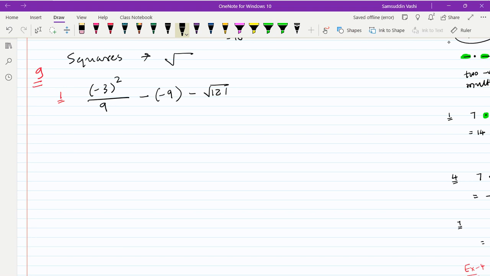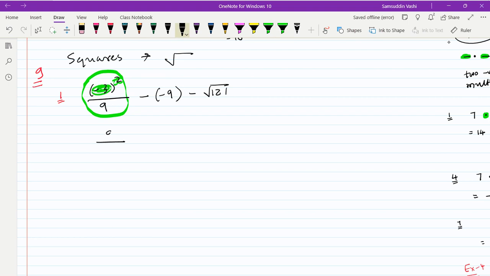All right. So the fraction, we work on it first. And in the fraction also, I will work separately on the numerator and separately on the denominator. Okay. So the numerator part, -3 squared, what is it?